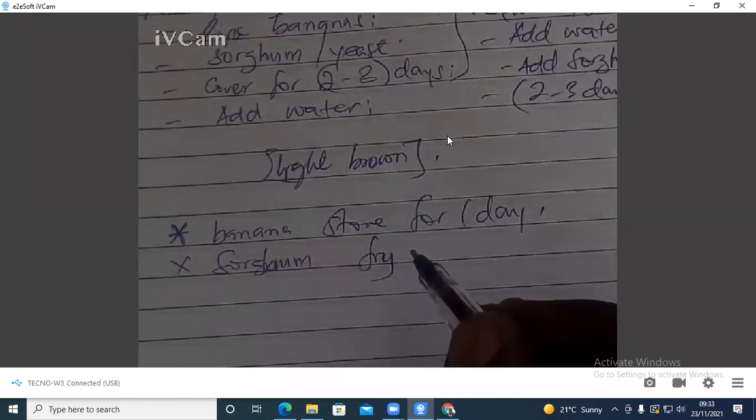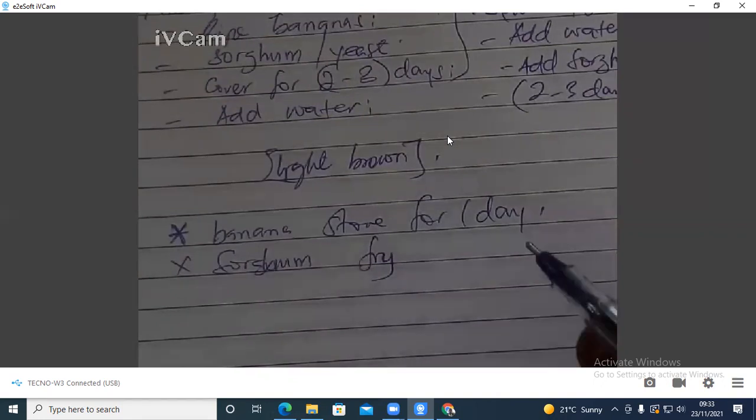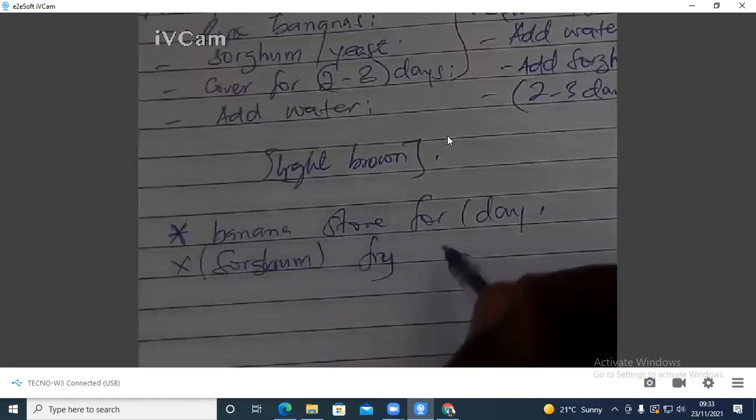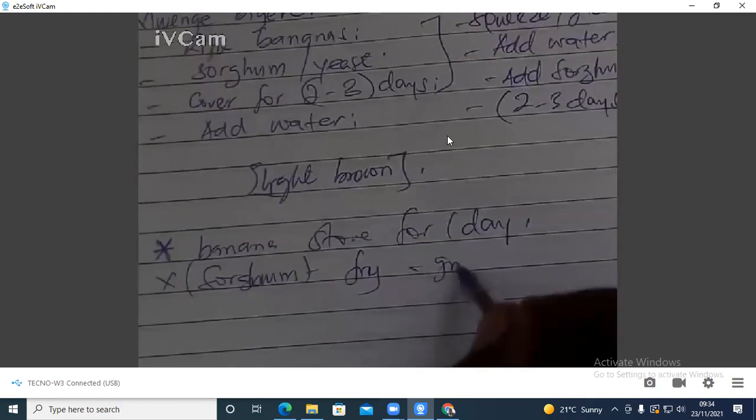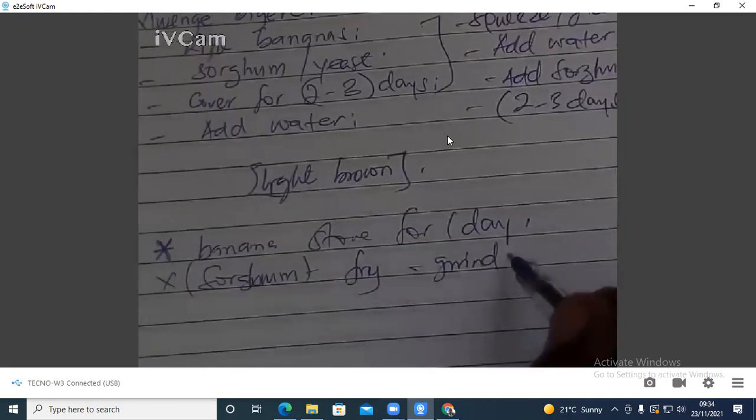When you fry sorghum, it becomes a powder. So this sorghum, you have to grind it. That's the main idea I was looking for. You grind the sorghum.